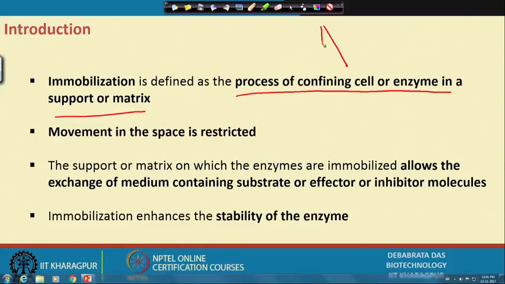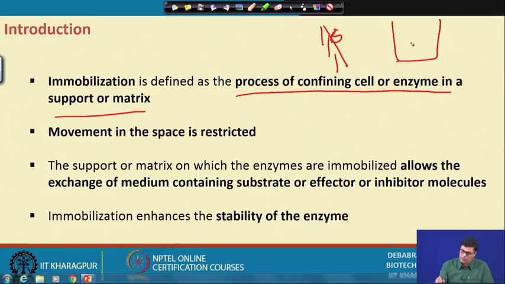Suppose this is a solid support, and your enzyme is immobilized. Suppose this is a solution and the enzymes are in the solution, so they are freely moving. But when they are fixed on a solid matrix, their movement is arrested. They cannot move.